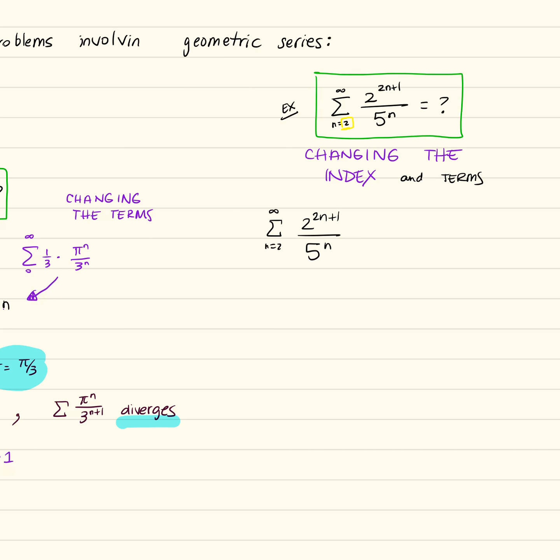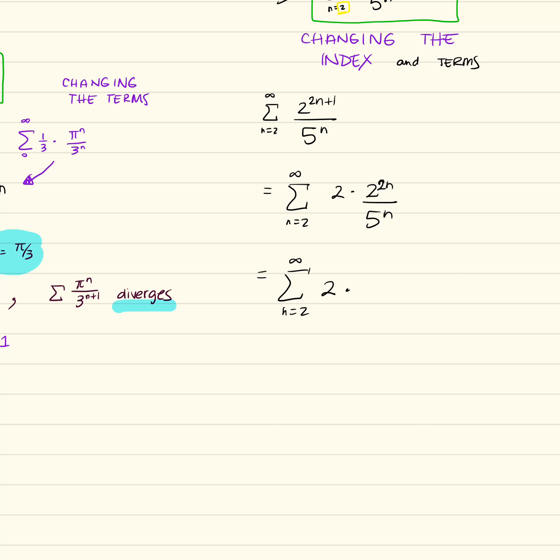I can rewrite this as, on top I can just have a 2, and then 2 to the 2n over 5 to the n. We can take it a step further. Now I have 2. Now 2 to the 2n, that's the same thing as 4 to the n. And in the denominator, I'll have 5 to the n. So now I've got 2 times 4/5 to the n.